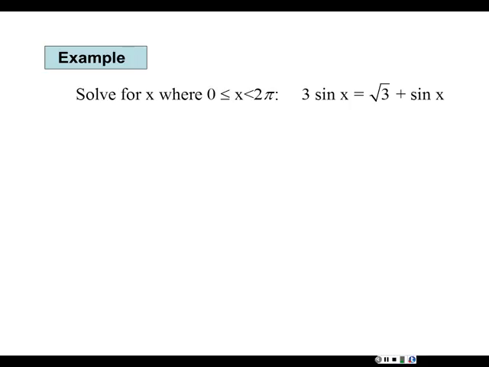So let me erase the other options because we ignored them. These are the only two values of x for which your sin x is going to be square root of 3 by 2, positive. I'm sorry, I always do it by mistake. So these are the two solutions of x.